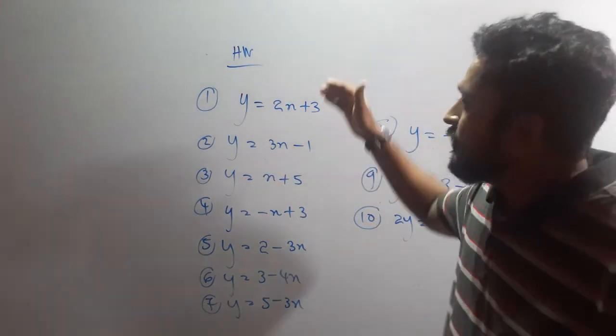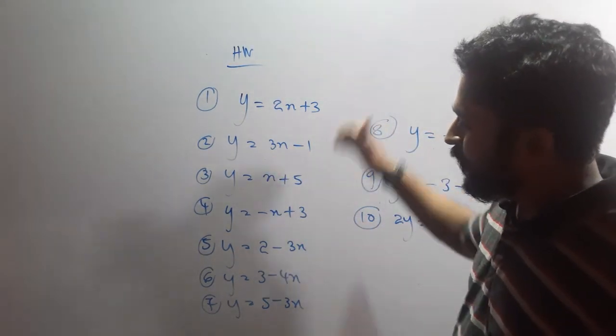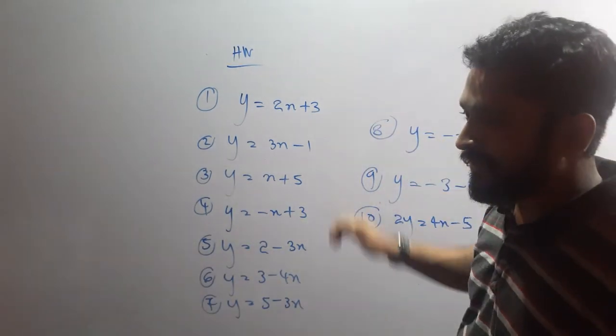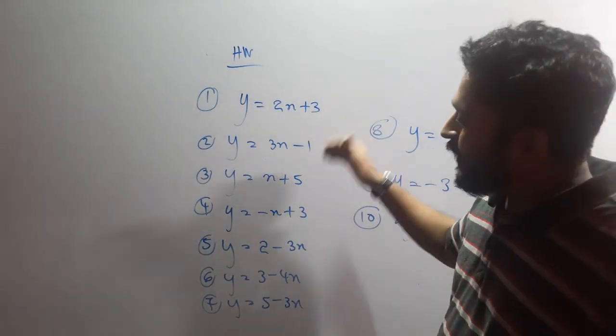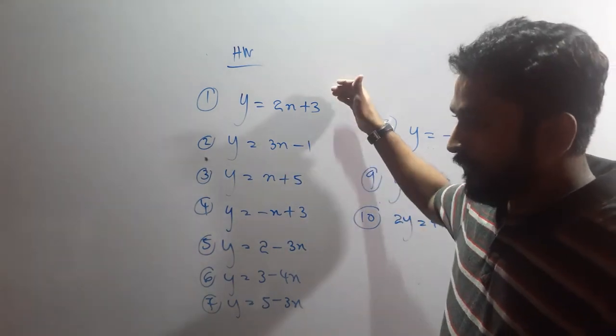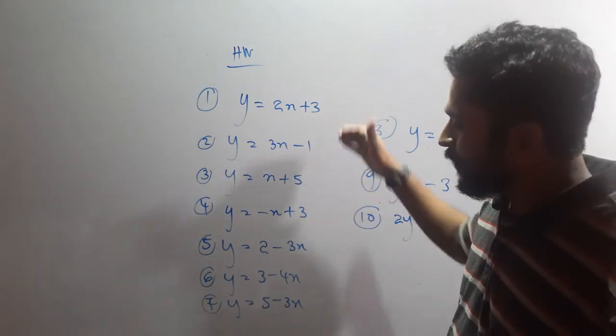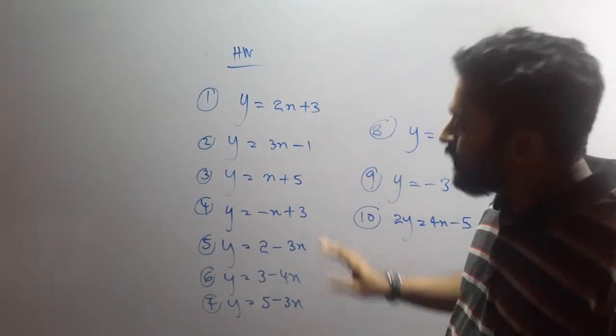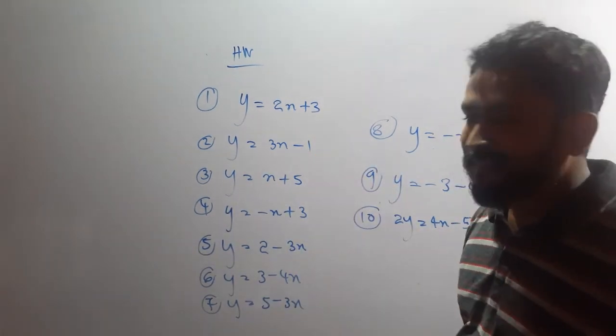This is the way: 1, 2, 1, 3, 1, 4, 1, 5, 1, 6, 1, 7, 1, 8, 1, 9, 1, 10. 2, 3, 2, 4. Again not 2, 1; 1, 2 is done. 2, 3, 2, 4, 2, 5, 2, 6, 2, 7, 2, 8, 2, 9, 2, 10. 3, 4, 3, 5.